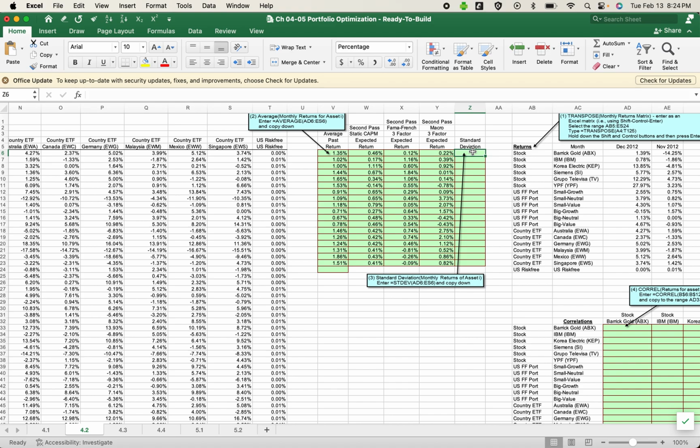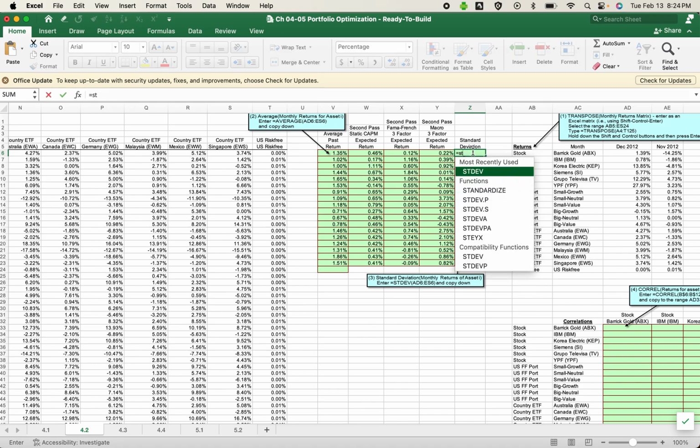Now I can do the same thing with standard deviation. Remember, we talked about 2 different standard deviation formulas. They both get to the same point. We talked about the standard deviation formula, which is basically you take all observations and you use the STDEV formula, open parentheses, and it tells me AD6 to ES6.